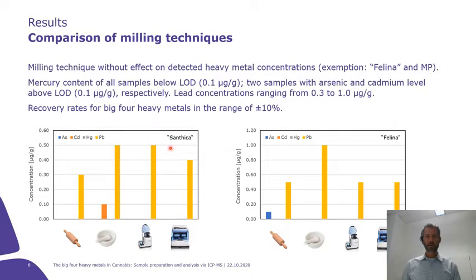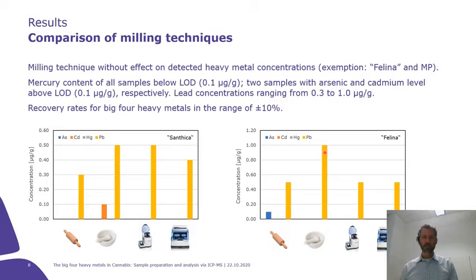That doubles the value for the Santica variety, and the reason for that most likely lies in an improper sample homogenization. As I said before, the plant parts accumulate heavy metals to a different content, and if you, in one case, for example, analyze an inhomogeneous sample which contains plant parts that accumulate a lot of lead, then this would cause these false results.